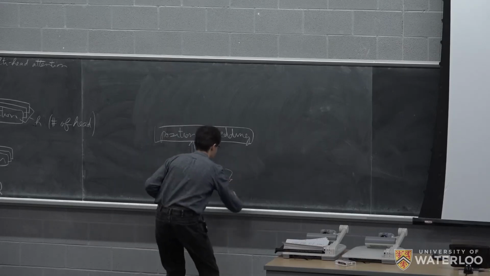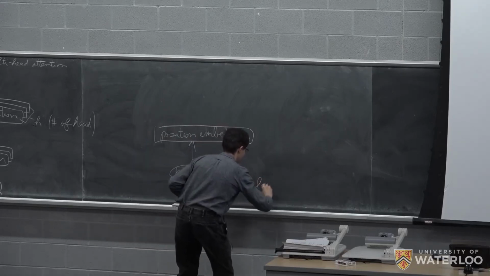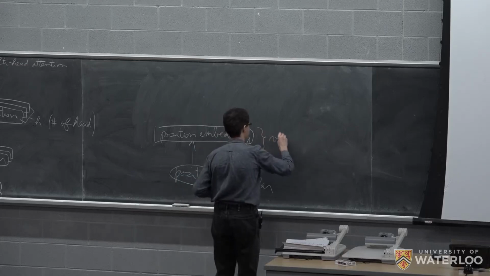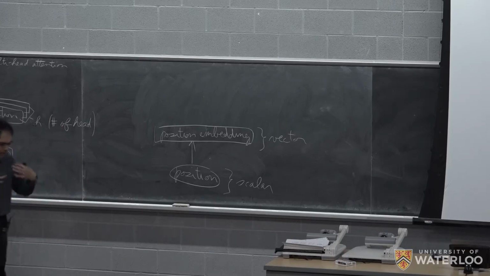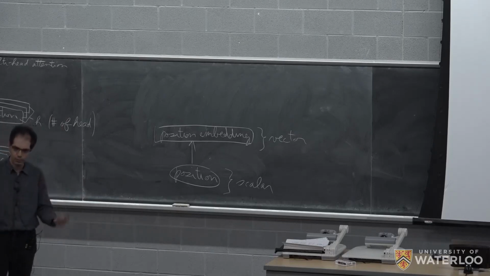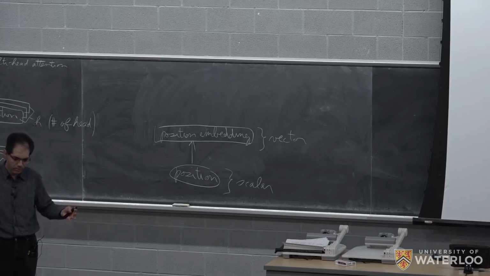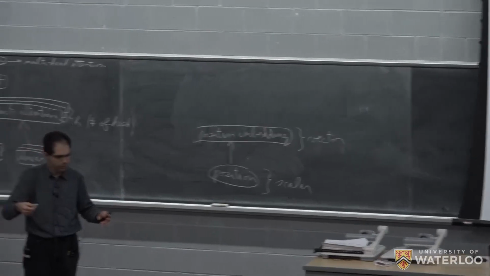So here, this is a scalar, and this is a vector. The idea is that we already have an embedding for the word, and this embedding is a vector. Now we want to encode the position as well.